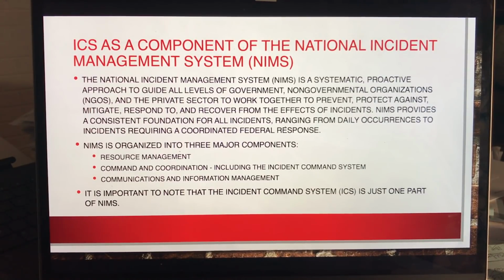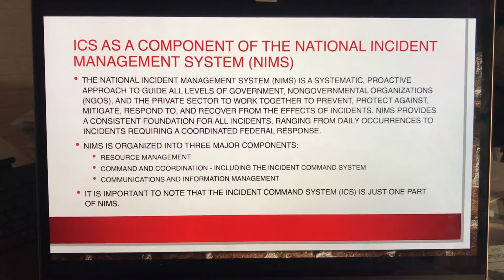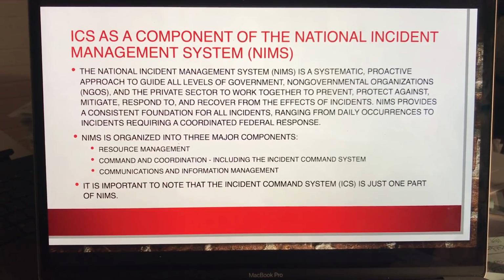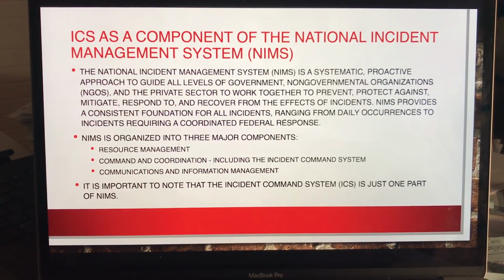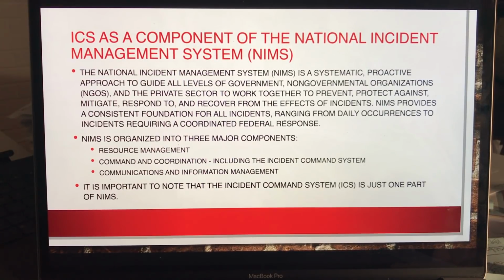NIMS provides a constant foundation for all incidents, ranging from daily occurrences to incidents requiring a coordinated federal response. NIMS is organized into three major components: resource management, command and coordination, which includes the incident command system, and communications and information management. It is important to note that the incident command structure is one part of NIMS.